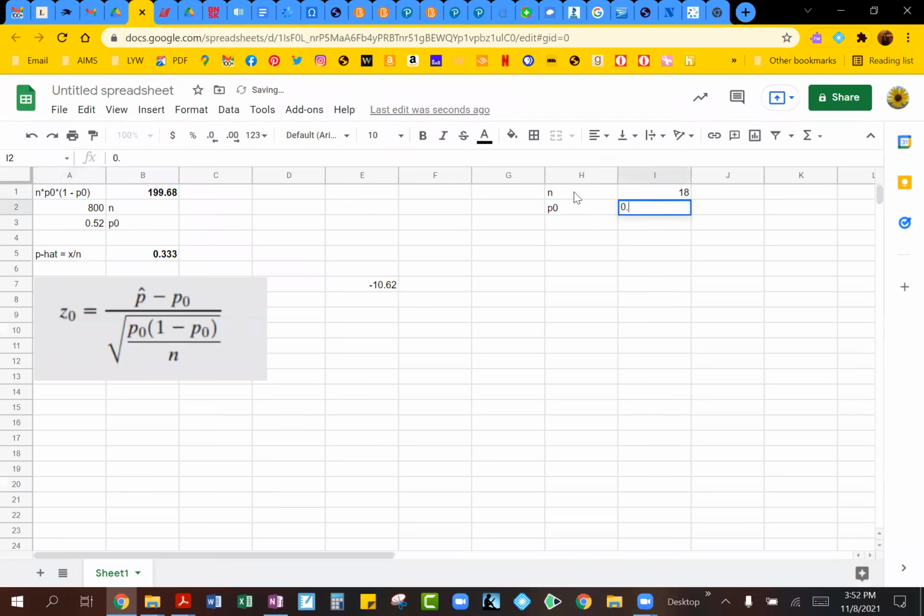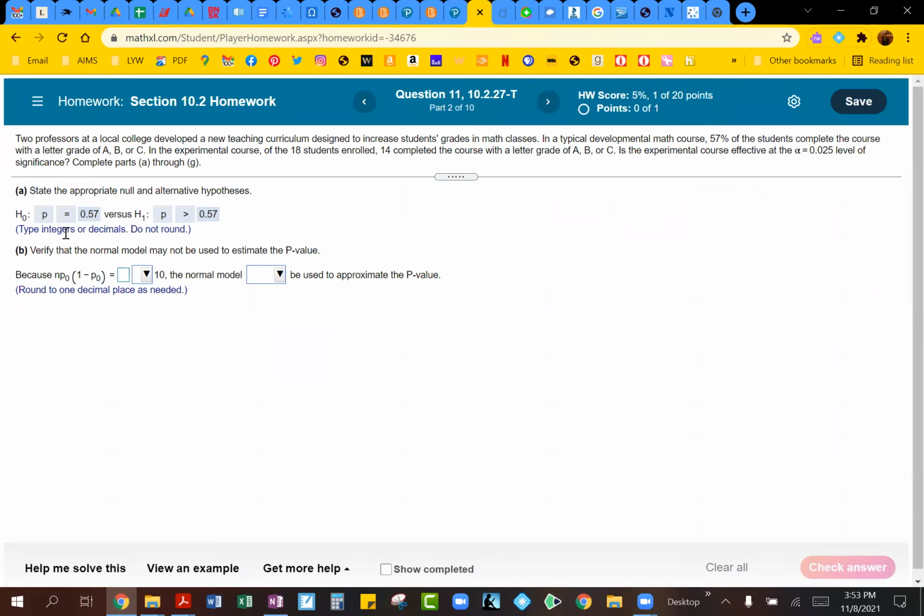p sub 0 is 0.57. So when we multiply to get this here, we will do n times p sub 0 times in parentheses 1 minus p sub 0. And this is coming out to be, well, not greater than 10. 4.418, and they want 1 decimal place.